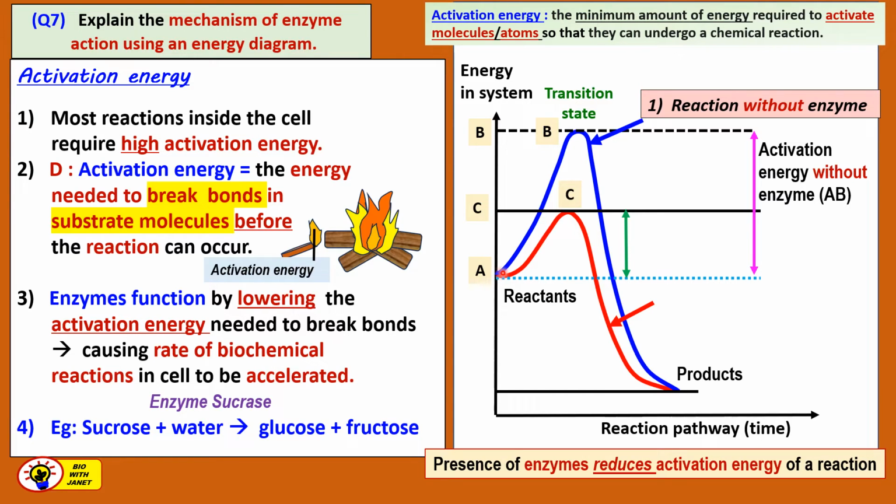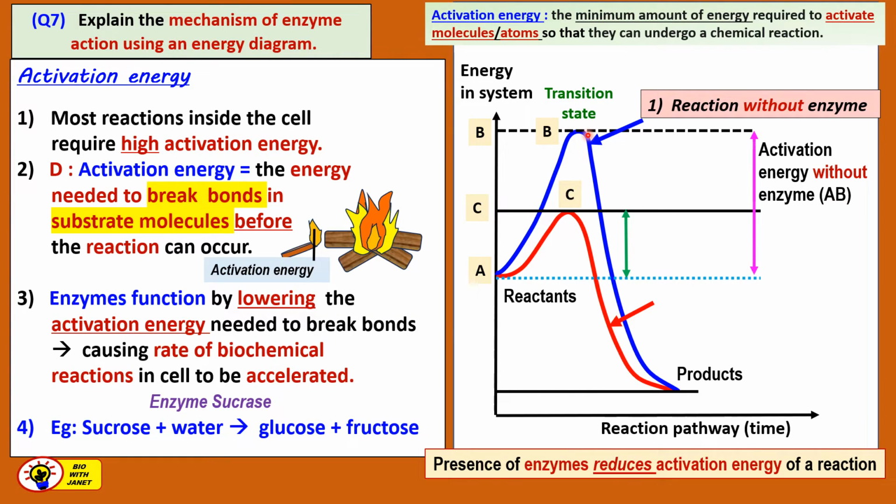Now, for the reaction to occur, normally, if there's no enzyme involved, in this graph you can see that the substrates or reactants need to receive enough energy to go into the transition state at B. So the activation energy is B minus A, okay, or AB, this value here, all right, AB.